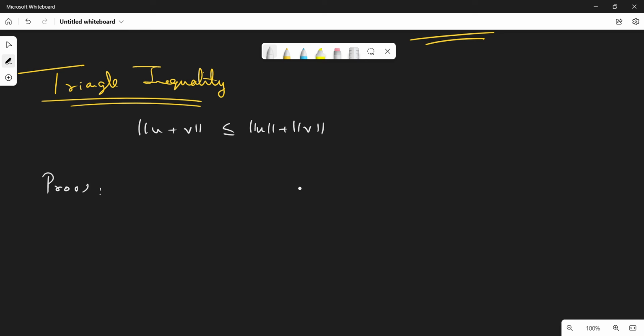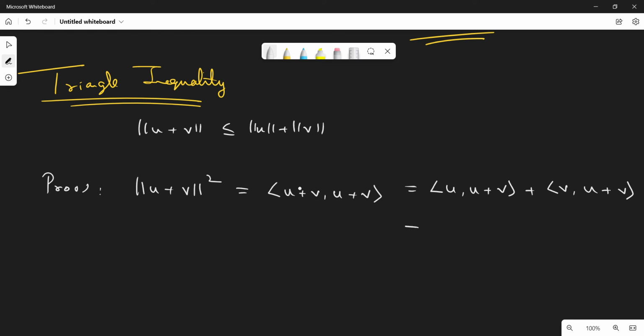Proof. The norm of u plus v whole squared is equal to inner product of u plus v with u plus v, which can be written as <u, u+v> plus <v, u+v>, which can be written as <u,u> plus <u,v> plus <v,u> plus <v,v>.